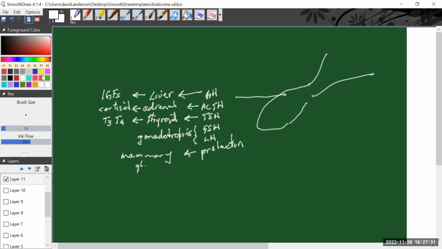Okay, and remember the communication between cells in the hypothalamus and cells in the anterior pituitary gland was by circulation, right? Blood vessels. Lots of blood vessels.